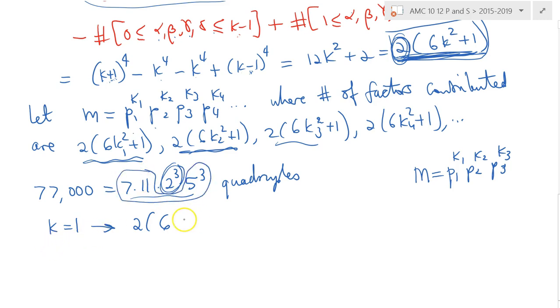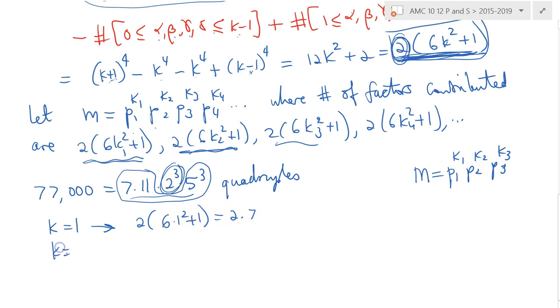So when k equals 1, we have 6 times 1 squared plus 1. Well, I no longer need to worry about the 2's, because we have already taken care of the 2's. Or let's just keep it. Okay. So 2 times 6 times 1 squared plus 1, what's that? 6 plus 1, 7.